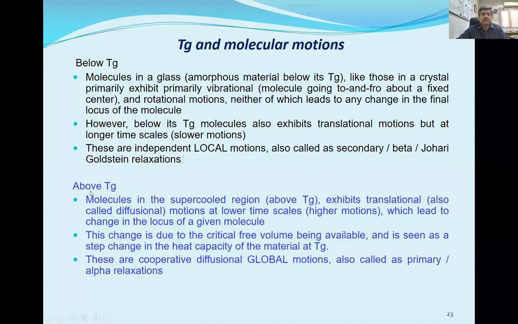Now we'll move over to the molecular motion that occur above the glass transition temperature. And remember, above the Tg, the material is now in the supercooled liquid state.